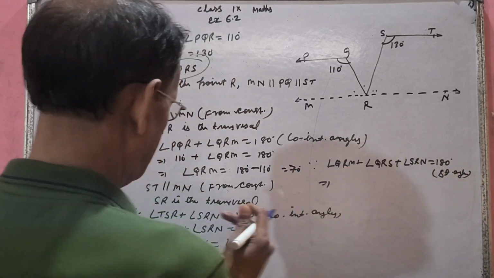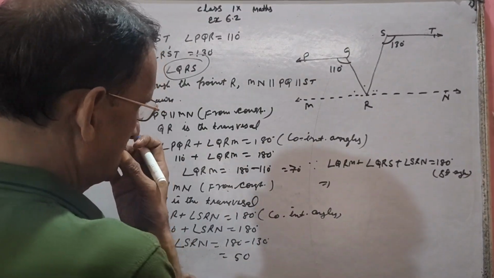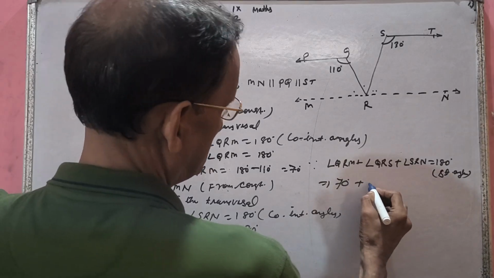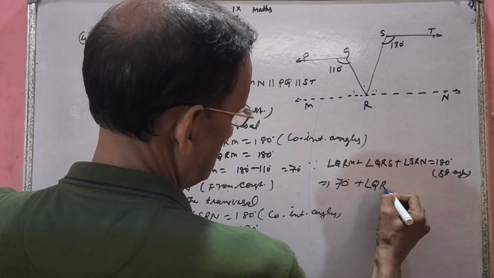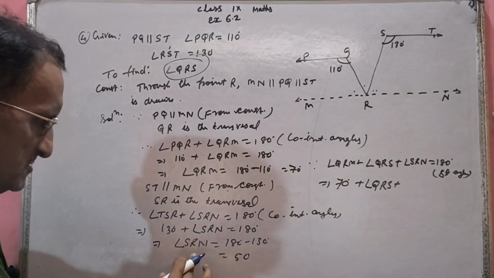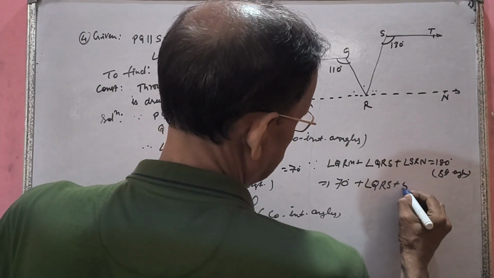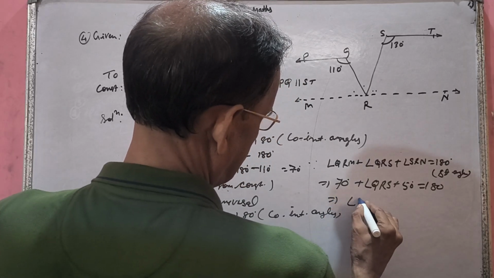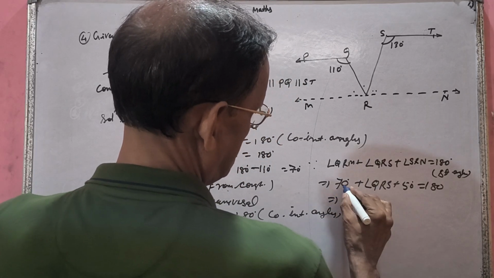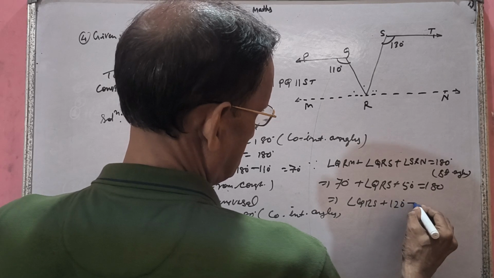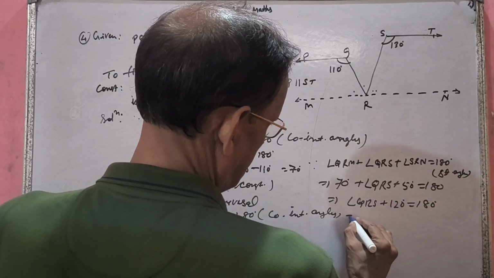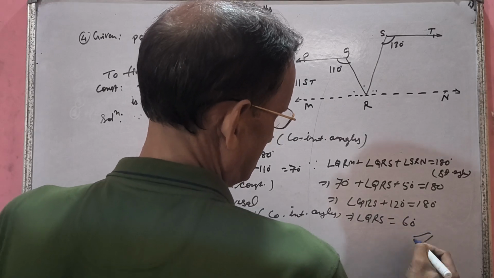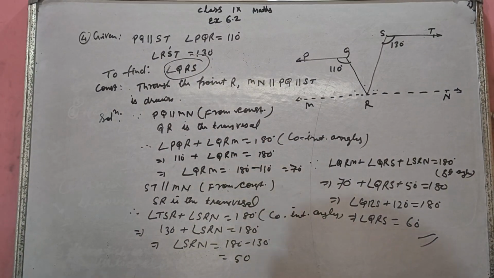Put the value of QRM, 70 degrees, plus QRS, so we have to find only QRS, plus SRN, how much have you got? 50 degrees is equal to 180 degrees. Implies angle QRS plus 70 plus 50, how much do you get? 120 equal to 180 degrees. Implies angle QRS equal to 60 degrees. This is the answer. Okay.